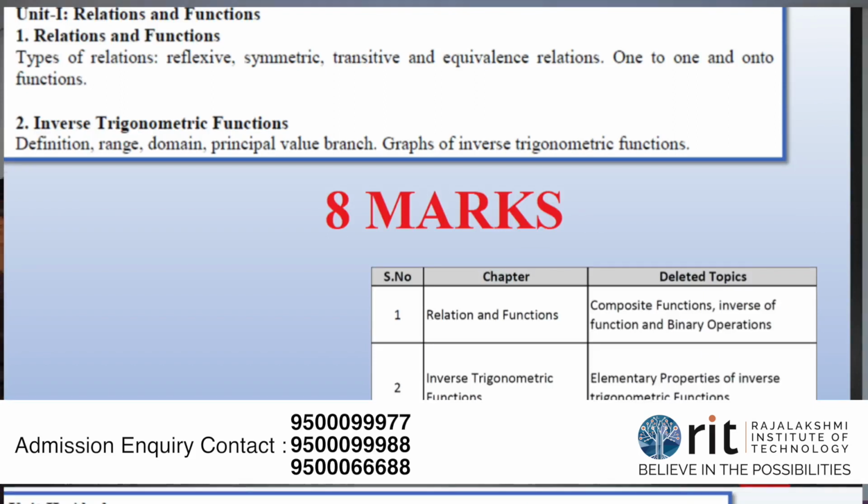Last year that was not given. So this time you can expect one graph from the inverse trigonometry function. So those who haven't gone through the graph of inverse trigonometrical function, chapter number 2, must revise the graph.